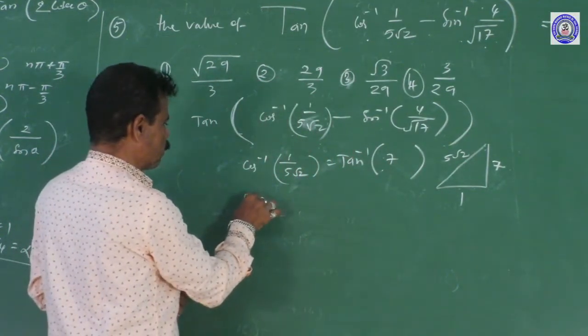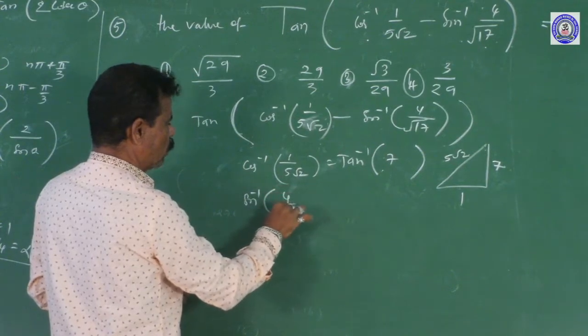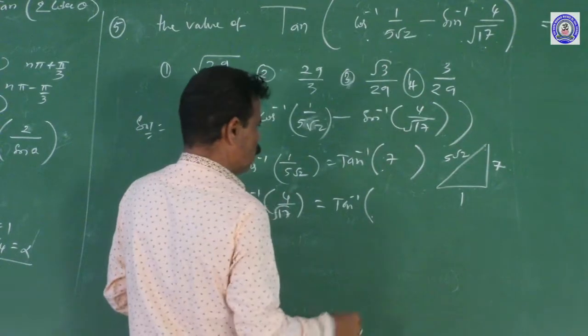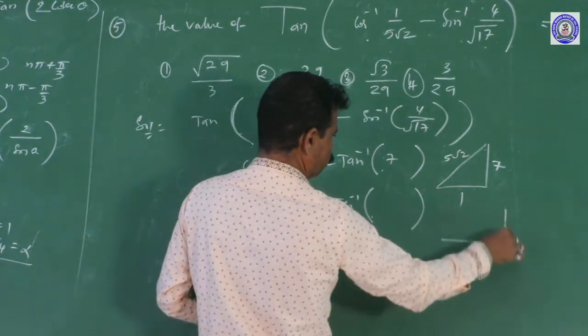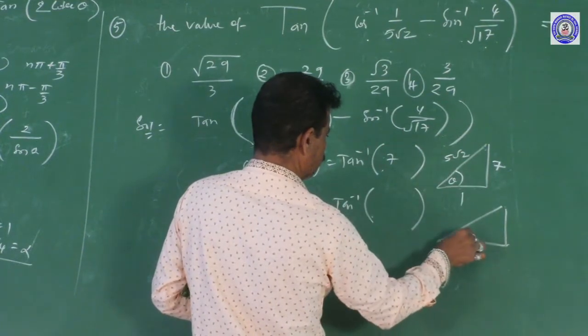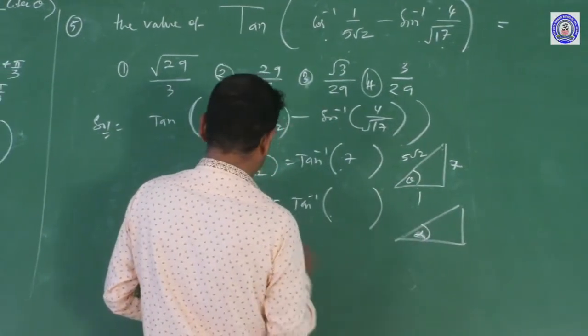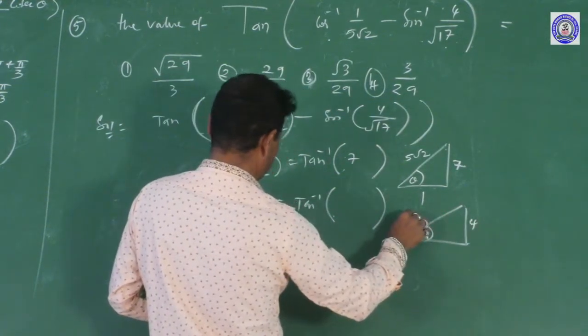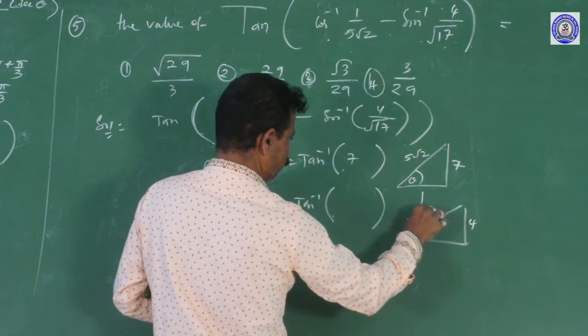After this, sin inverse of 4 by root 17 is equal to tan inverse of... here also, draw again. Suppose this is theta, otherwise alpha. 4 by root 17: opposite is 4, hypotenuse is root 17.